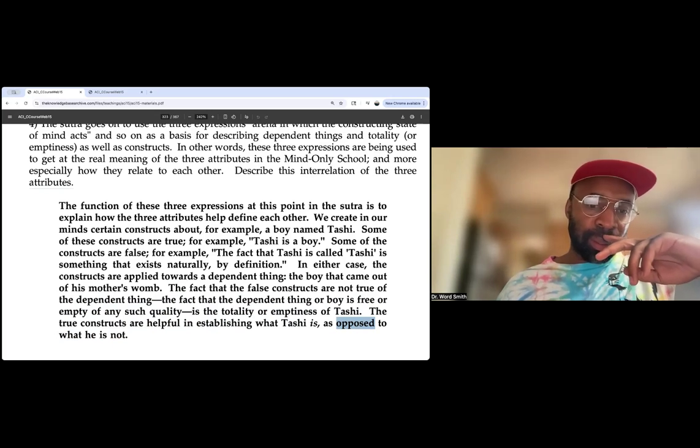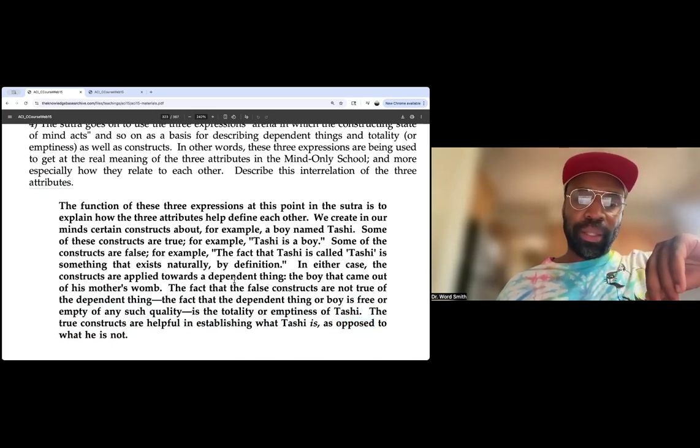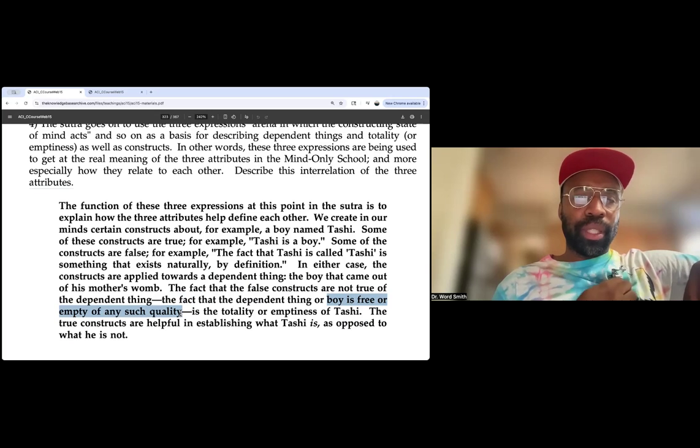The dependent thing, the boy, and the false constructs that you put on the boy, like his name, are not actually true of it. He's free of any such qualities, empty of any constructs.